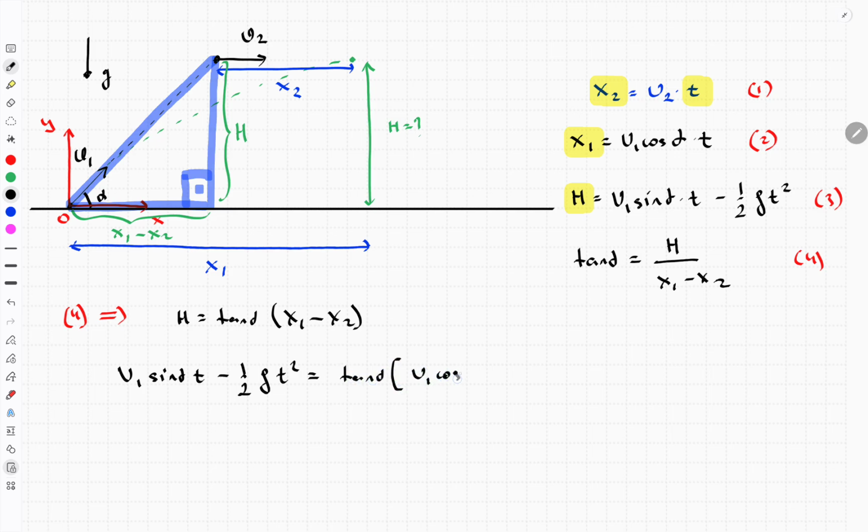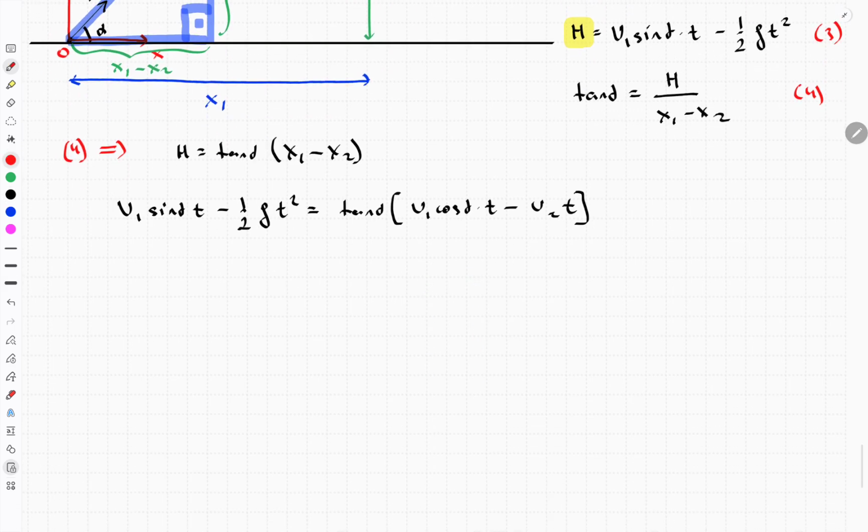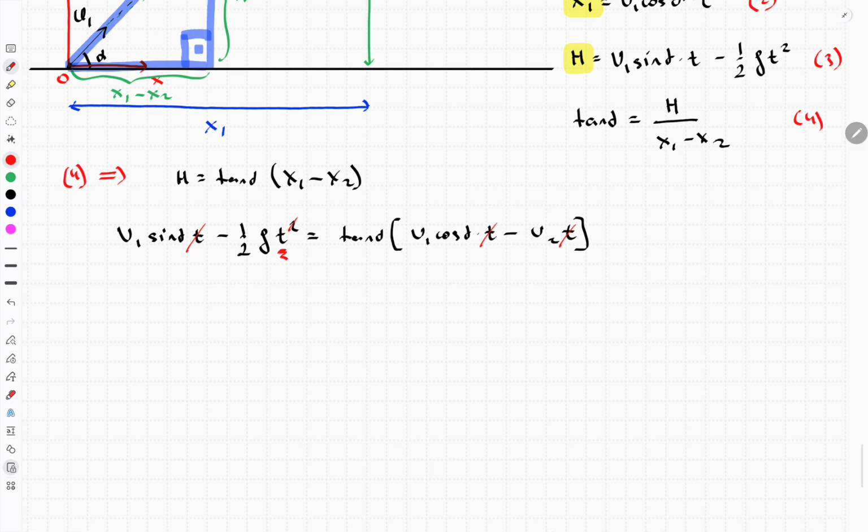This is x1, equation number 2, minus x2, equation number 1. As you see, we have a time everywhere. We can cancel them. So we have an unknown t. We can first of all find time, then come back to equation number 3 and calculate height.